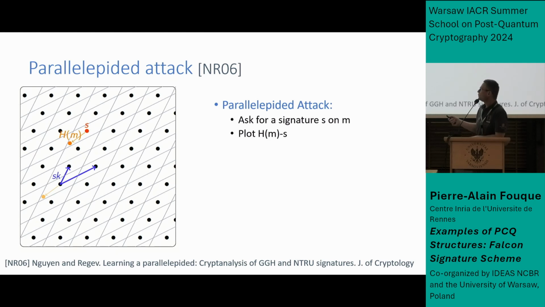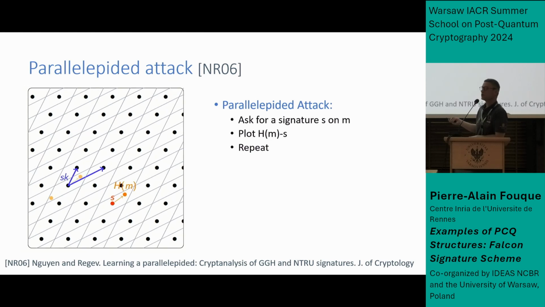And you can do this for another point. This will give you some other point here. You compute the lattice point close to this value, and then you also report this vector from the origin.